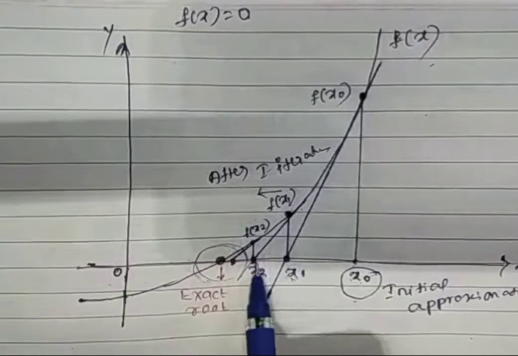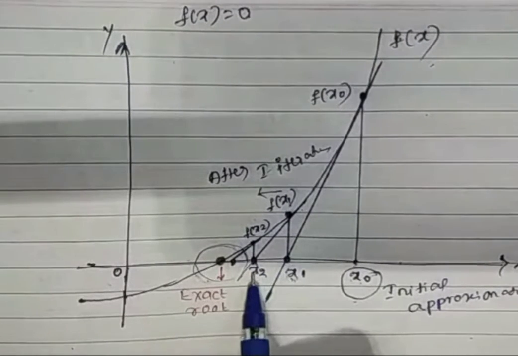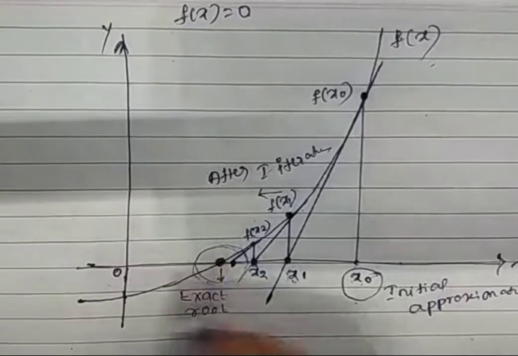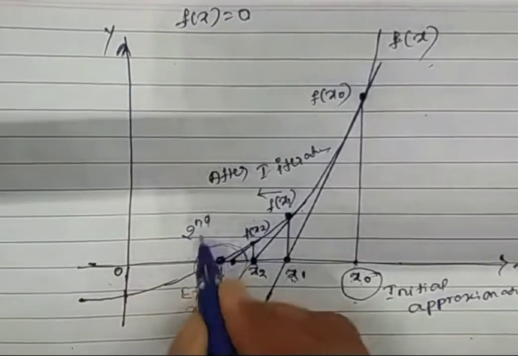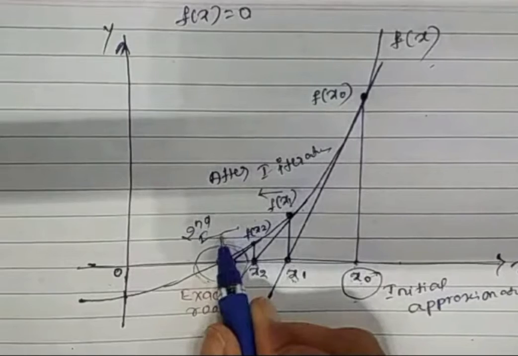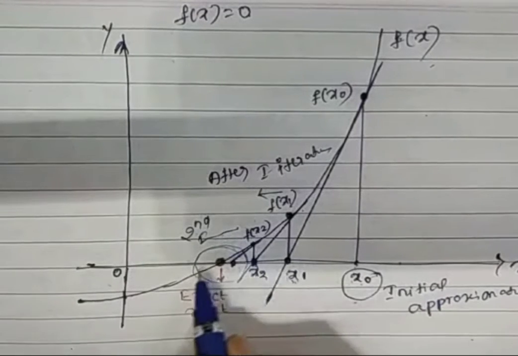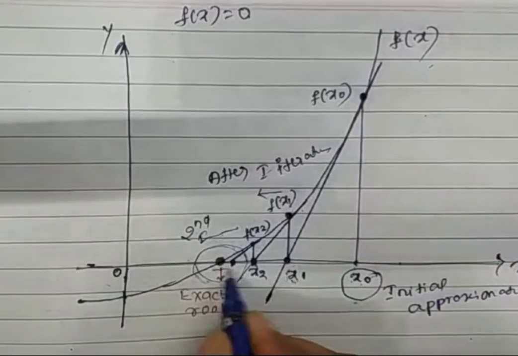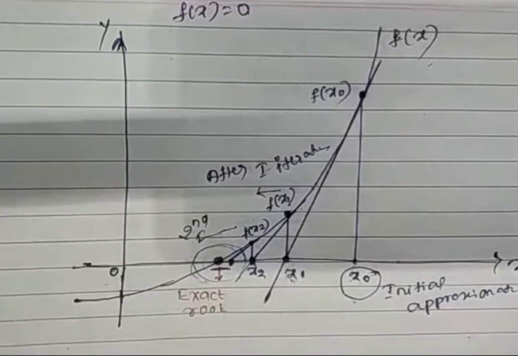Then from this we get x2. From x2 again we get f of x2, this will be our second iteration, meaning second approximation, and so on. The process continues and we will reach very near to the required exact root.